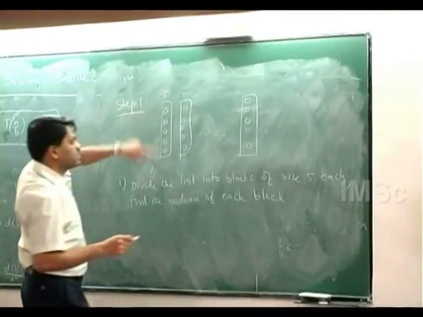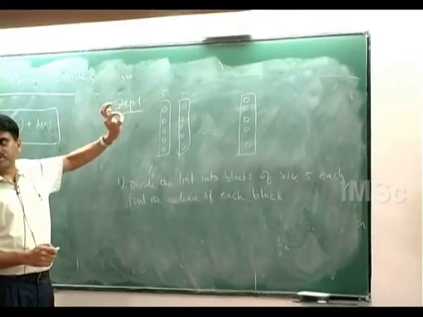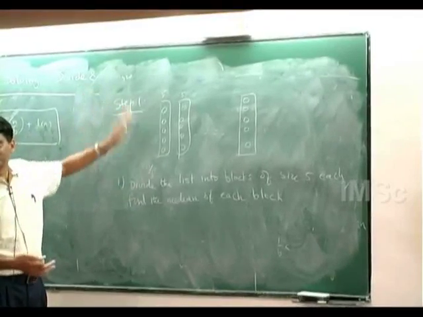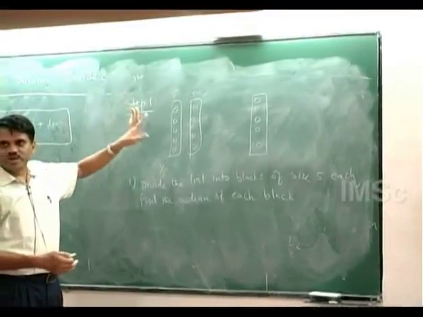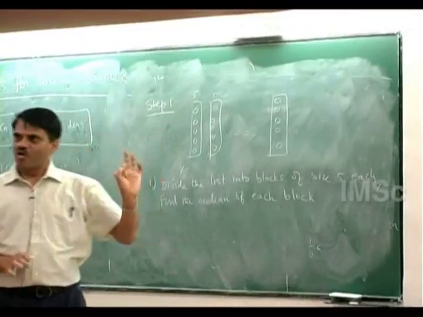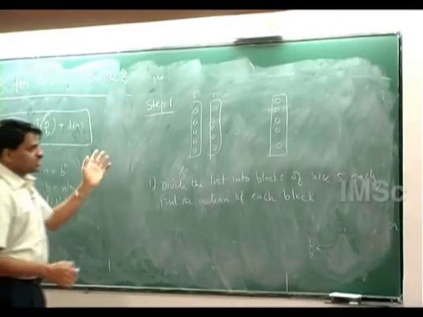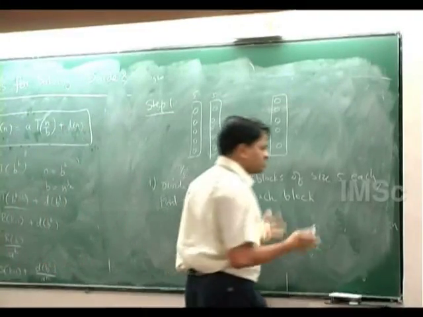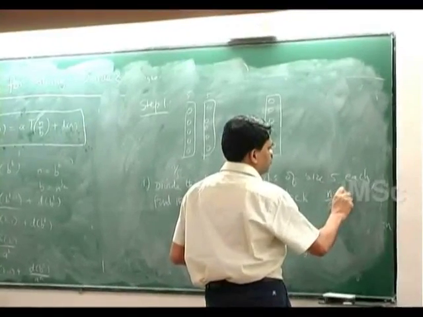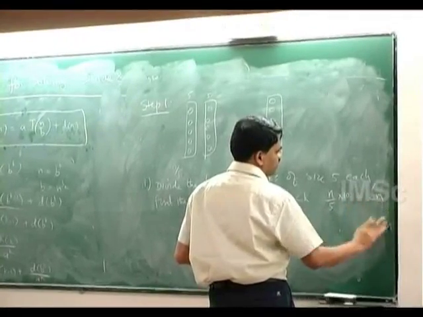So the median out of these 5 elements, do your comparisons, find the median. How do I find the median? Well, do whatever you want. You can sort, because this is a constant number. If you want to spend 10 comparisons on this, feel free, no problem. At the moment, we are not worrying about the constant in the linear time we're aiming for, but that's for later. You can optimize it. So even if I just do sorting, I'll get n by 5 times 10. So this is like 2n.